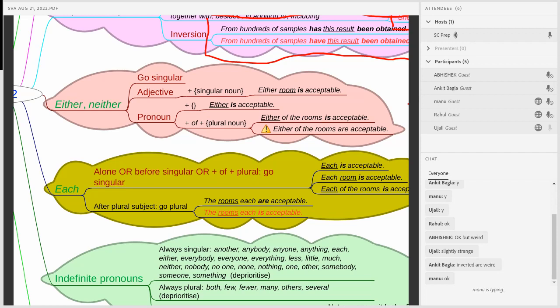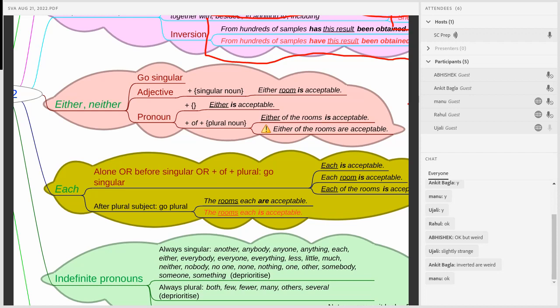But let me not get into that. I've never seen a situation like that on the GMAT. But the better way to remember this is the verb will agree with the closest noun. So don't remember it in terms of or, remember it in terms of the verb. So whatever's closer to the verb, that's what the verb will agree with.